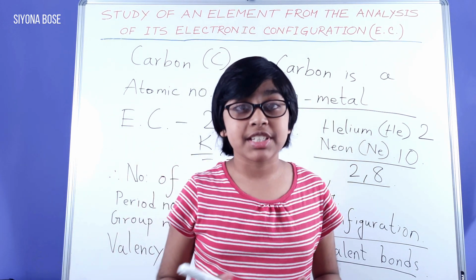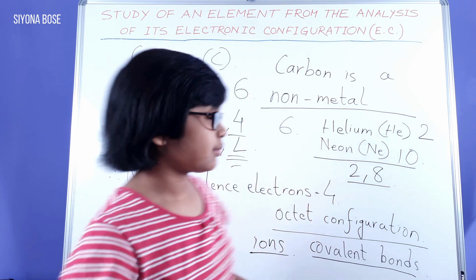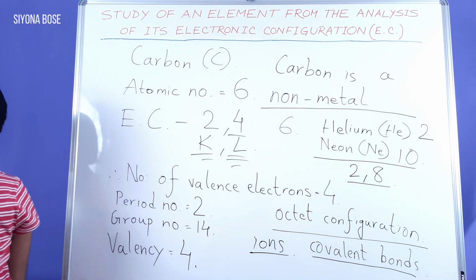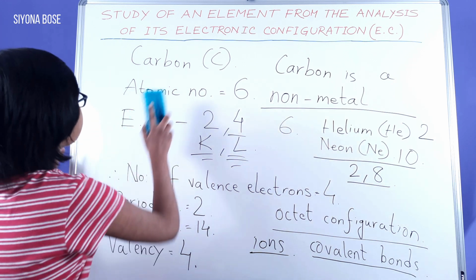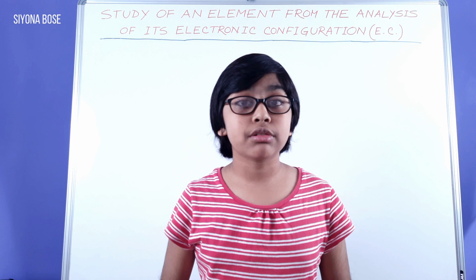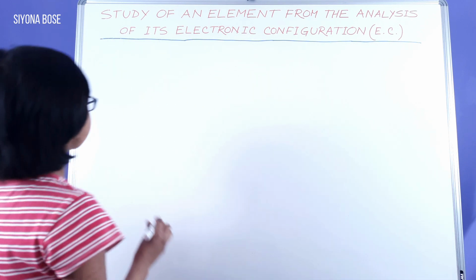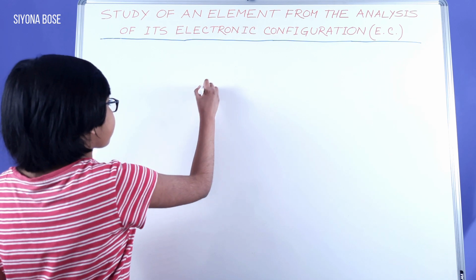I am going to represent this with a diagram, but first I'm erasing the board. Now I am going to draw the diagram to represent covalent bond formation in carbon.